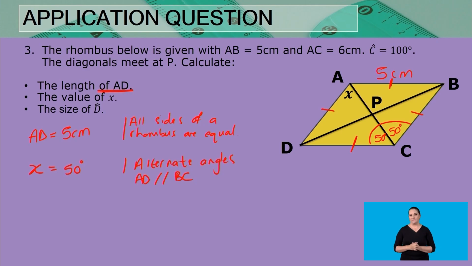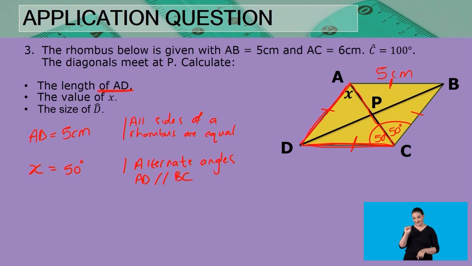Another way that we could have calculated the value of x is that we could have seen there that because of the 2 adjacent equal sides, AD and DC, they are equal, which means they form an isosceles triangle, and that is triangle ADC.